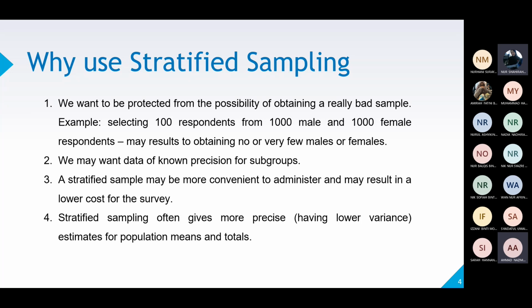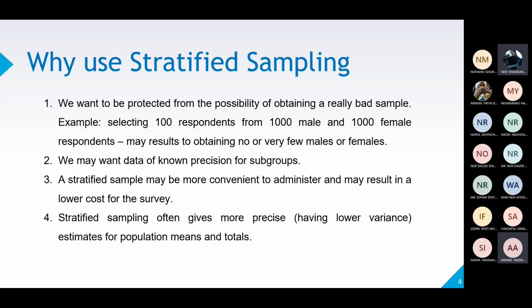When taking a simple random sample of size 100 from a population of 1,000 male and 1,000 female students, for example, we may come out with no or very few males. It is possible, although such a sample is not likely to occur. Most people would not consider such a sample to be representative of the population and would worry that men and women might respond differently on the item of interest.